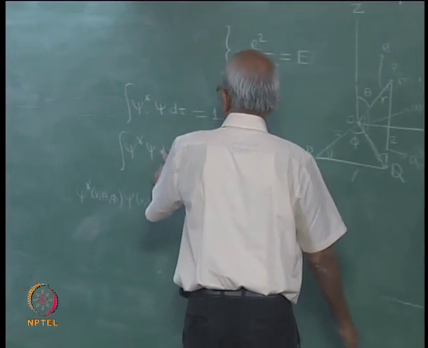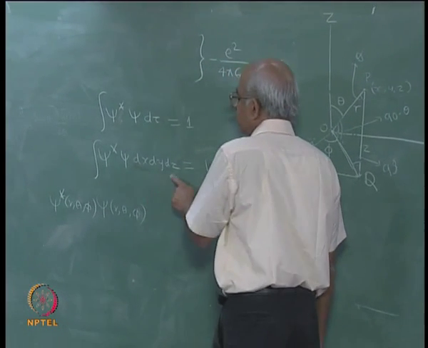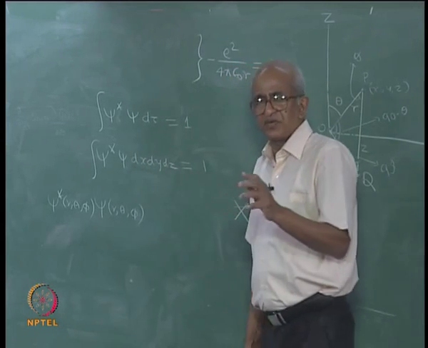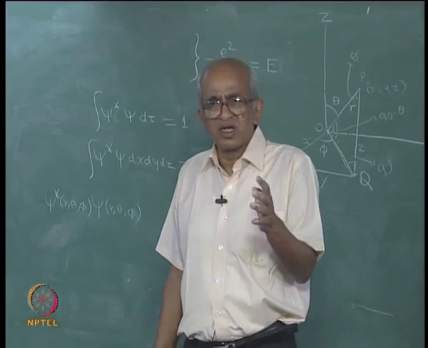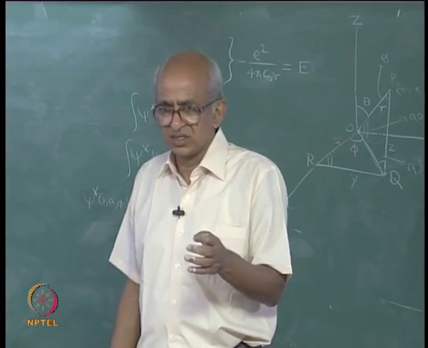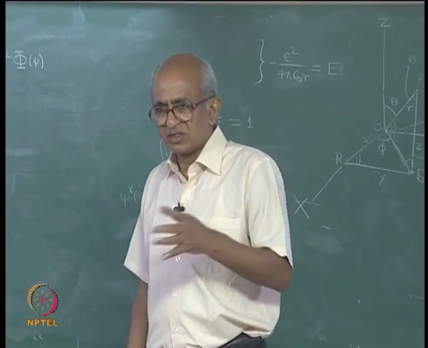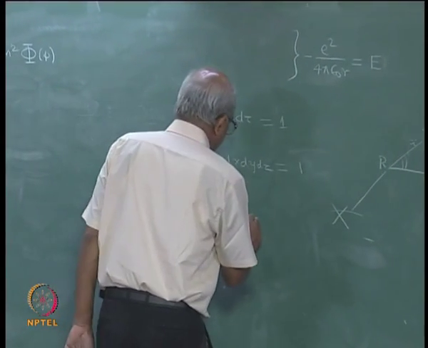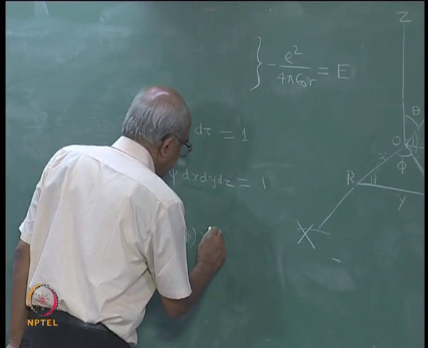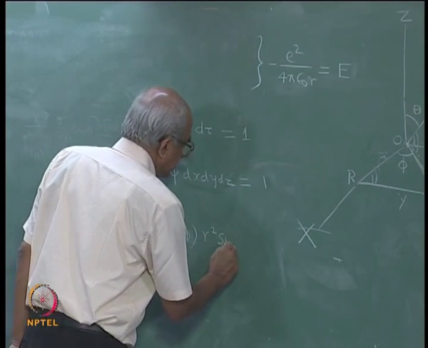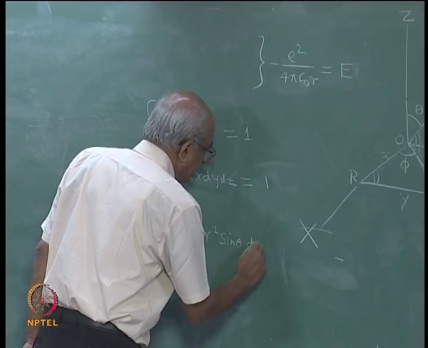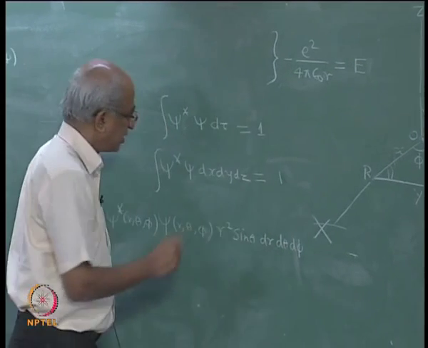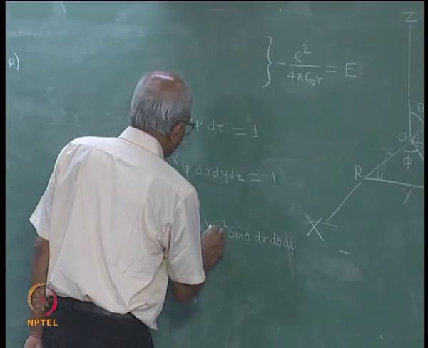Here the expression for volume element in terms of Cartesian coordinates is simple, it is just dx into dy into dz. The expression for the volume element in terms of spherical polar coordinates is slightly more complex. We will not discuss this, but I will just say that in polar coordinates the volume element actually becomes r square sin theta dr into d theta into d phi. That is what happens. This is just your d tau.